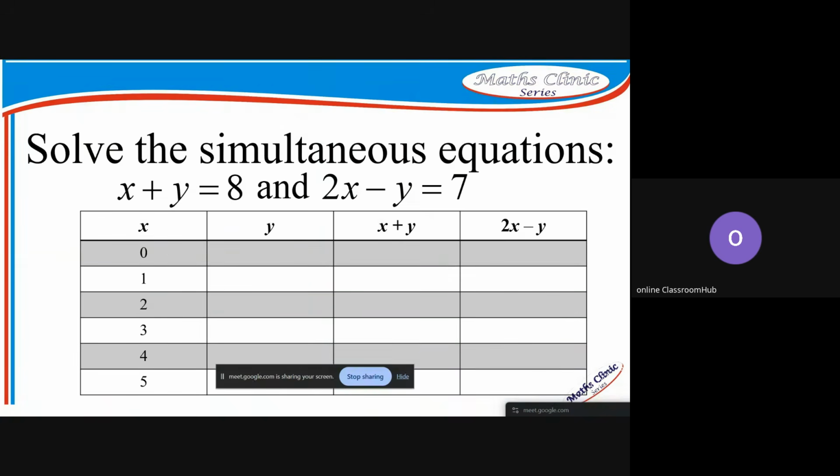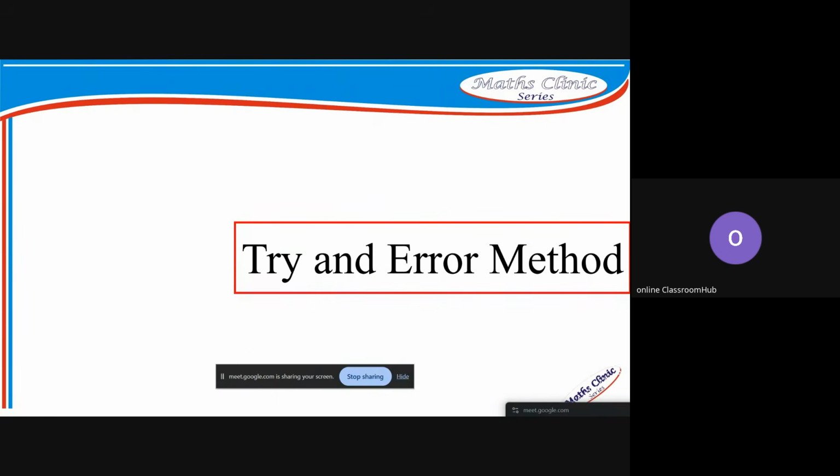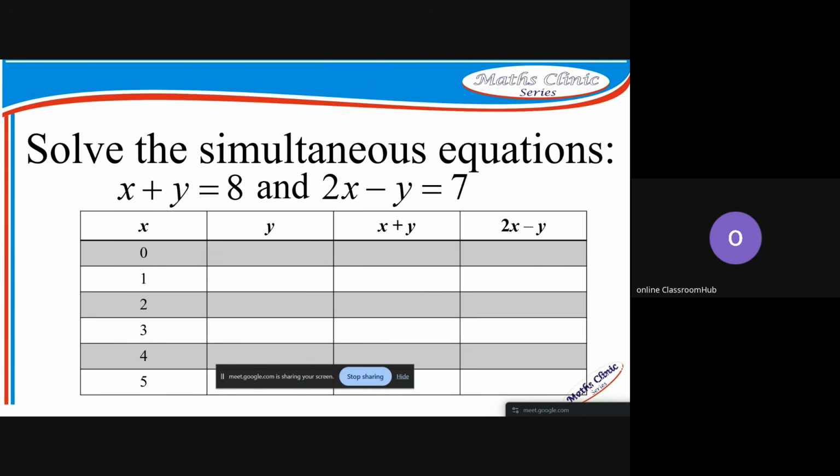We have the trial and error method. But this one, please don't try it in an examination, you don't have the whole day. So you are going to put in a table. You have equation 1, x plus y is equal to 8, then equation 2, 2x minus y is equal to 7. We are looking for values of x and values of y that give 8 and 7 respectively.